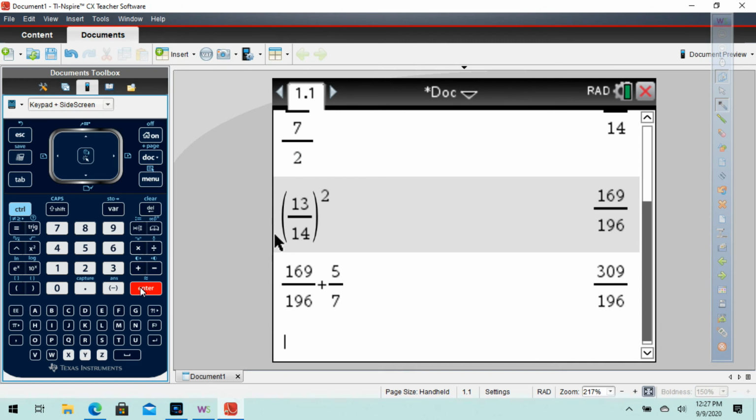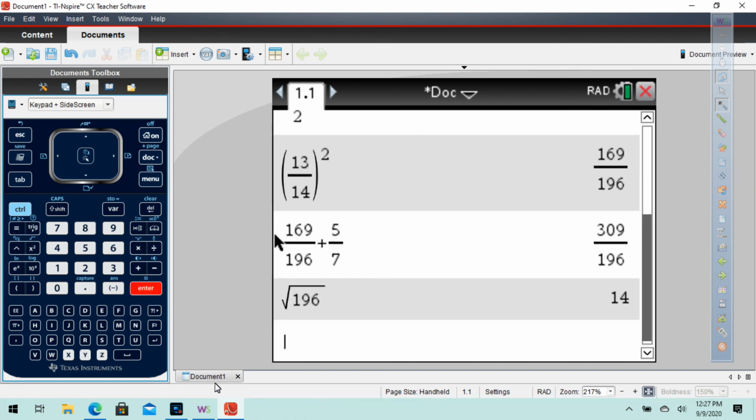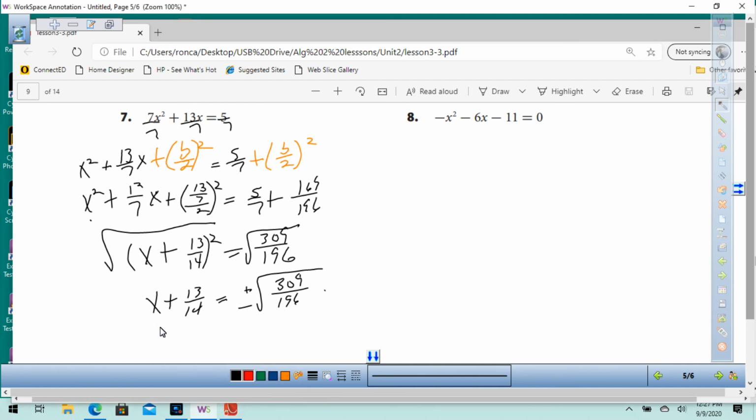Now I'm going to take the square root of 196. I think it's 14. It is. So I have x plus 13 over 14 equals plus or minus the square root of 309, there's not a perfect square in there, over 14.